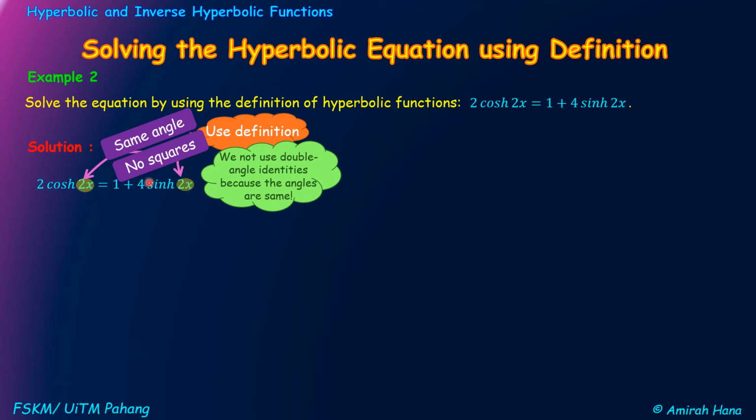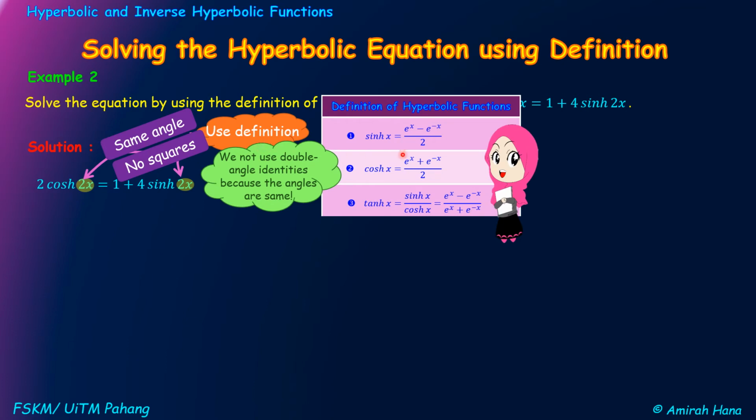And if we have squares, we never use definition, because definition means we write sinh x and cosh x in terms of exponential function. So if we have exponential function and squares, it's hard to solve. That's why we only use definition when there are no squares and the angles are the same.